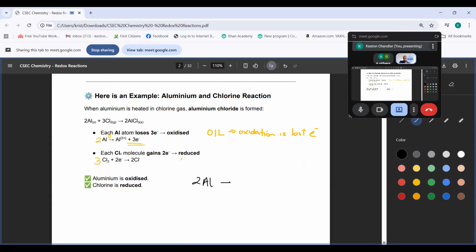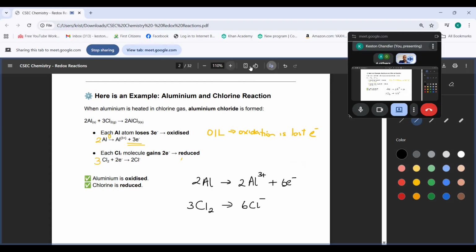2 aluminum atoms. They give us 2 aluminum ions, each with a charge of 3+. And they're going to lose 6 electrons. The chlorine, on the other hand, we're going to need 3 Cl2 molecules, right? And that's going to give us 6Cl-.